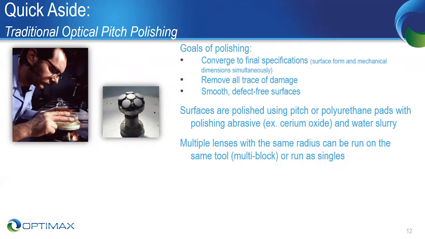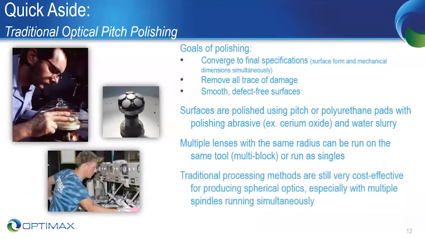And if you're able to run multiple lenses in a multi-block at the same time, you have even longer strokes, and so you have even smoother mid-spatial frequency regions. And because these traditional processing methods are still very cost-effective for producing spherical optics, this is often still used today.